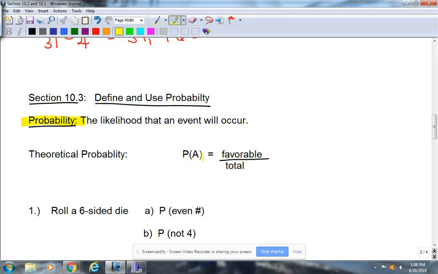Probability of A, where A is whatever the event name is, equals the number of favorable outcomes over the total number of outcomes. So favorable means what you want to happen, over the total possible outcomes. Okay?